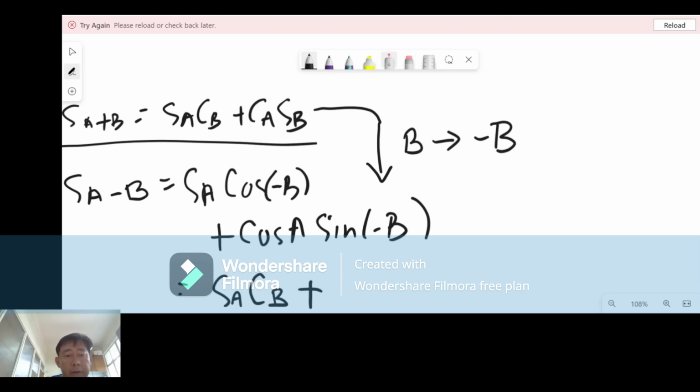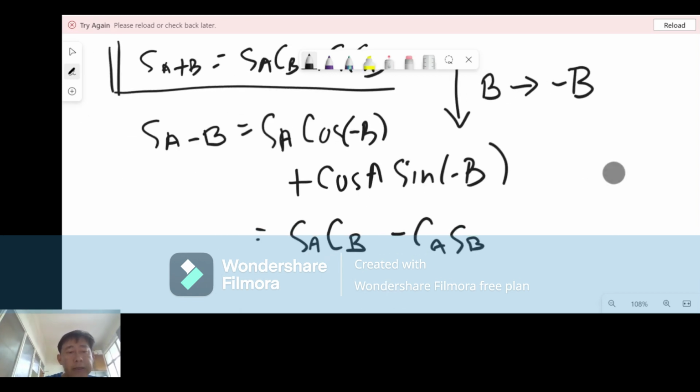Therefore, this cos A sine minus B becomes minus cos A sine B. So that is how easy it is to arrive at the identity of sine of A minus B. Right?